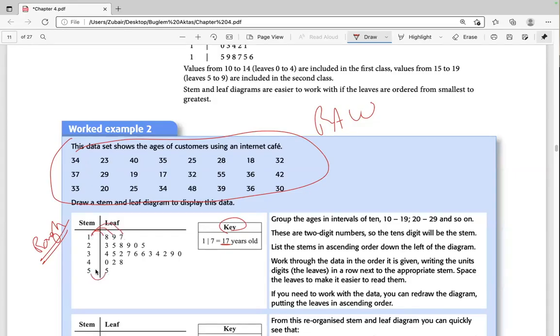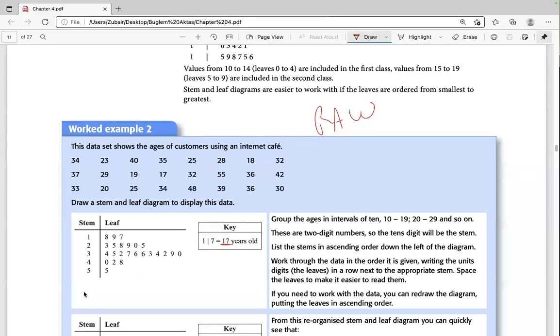I can read this is 55, this is 48, this is 39. Getting it? Now looking at this stem and leaf diagram without going into questions and statements, I can say that most people are between 30 and 39. Or I can say people are in their 30s.